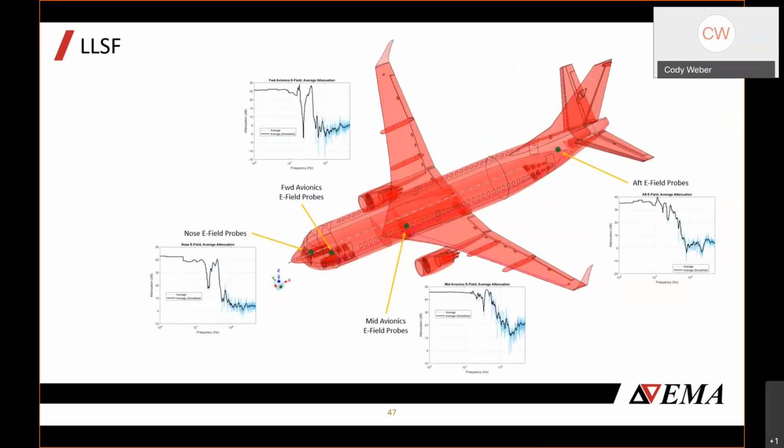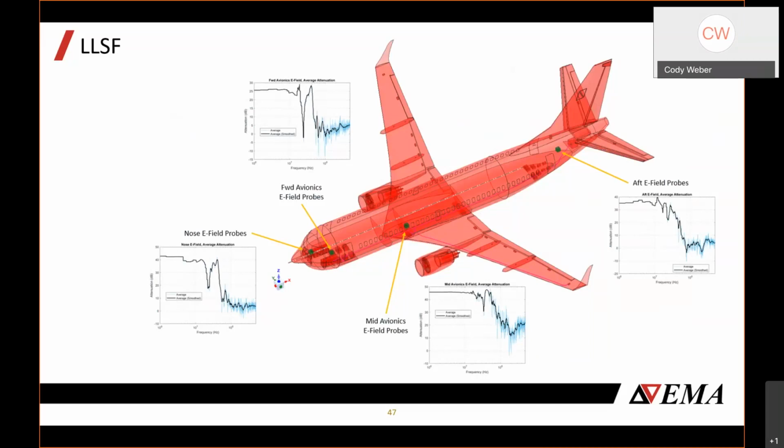And whereas you might only look at a few locations for your receiver positioning during testing, you really have the capability to expand upon that in the simulation. So you can look at a lot more areas, add a lot more probes, and be confident that the fields you're capturing are most reasonably as severe for your verification purposes.